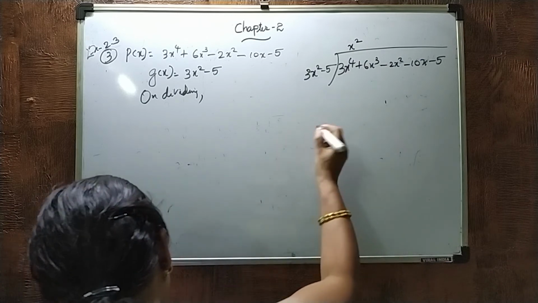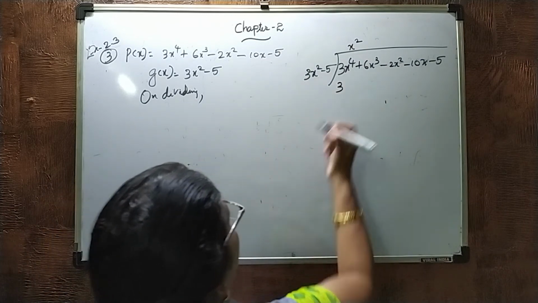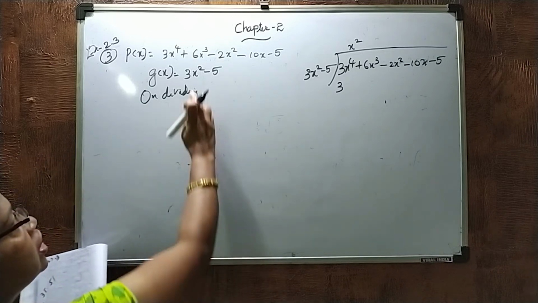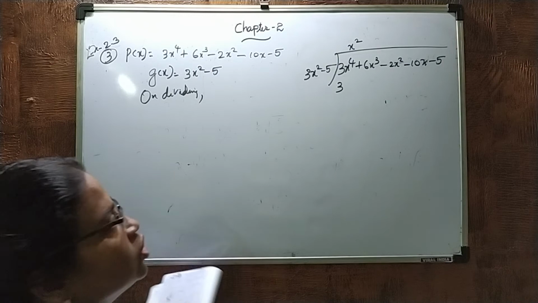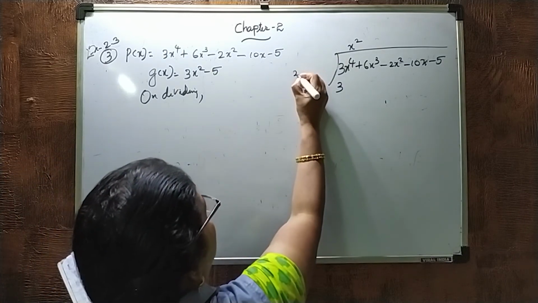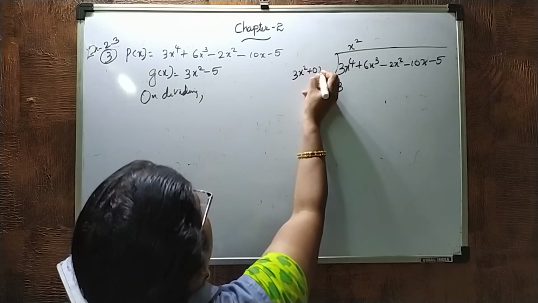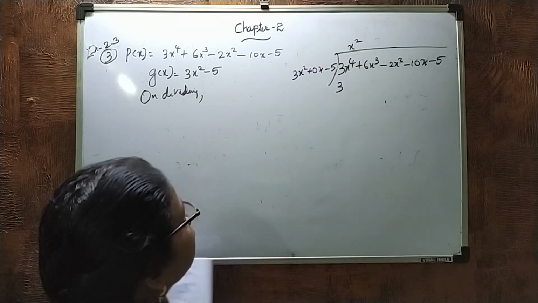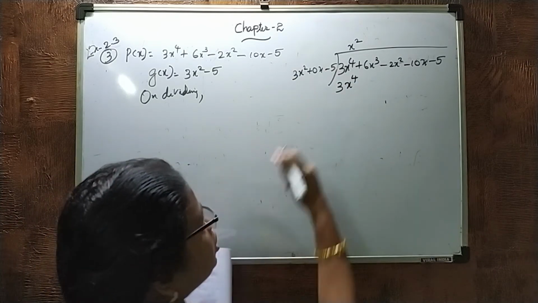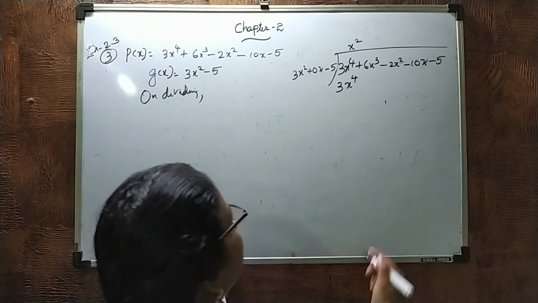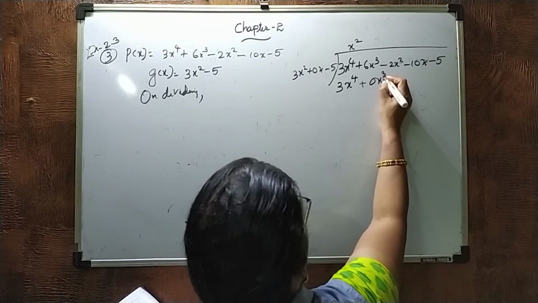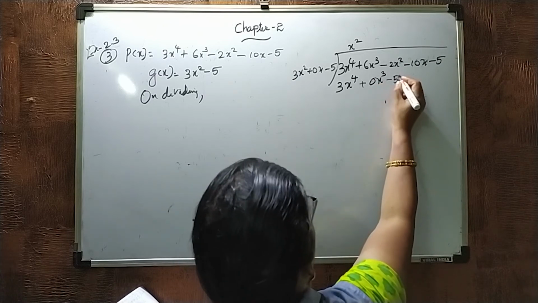And then when you multiply, you will get like this 3x. And one more thing, I made a mistake. You have to remember, 2 is there, 1 is not there. So you have to write here it as 3x square plus 0x minus 5. So here it is 3x raised to 4, x square into x square, x raised to 4, plus 0x cube, then minus 5x square.